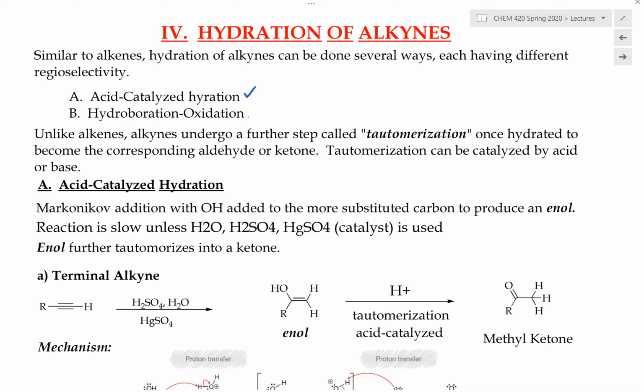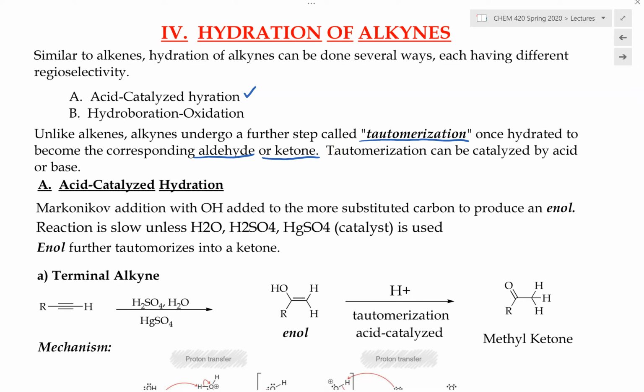And the enol will then undergo a further step that is referred to as the tautomerization step. The product of this tautomerization step is that the enol will be converted into either an aldehyde or a ketone, dependent on what type of enol it is.